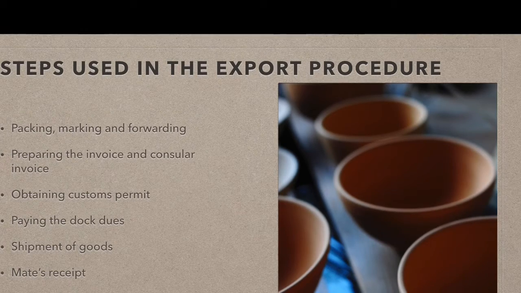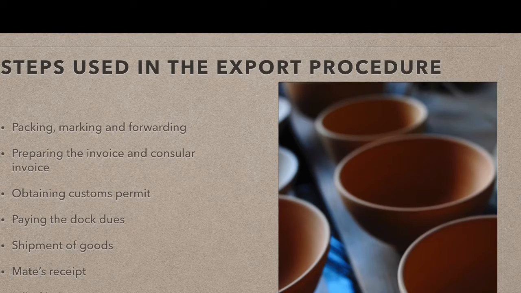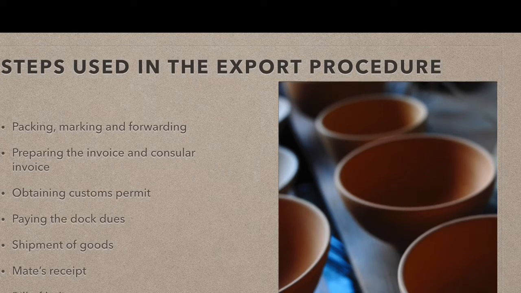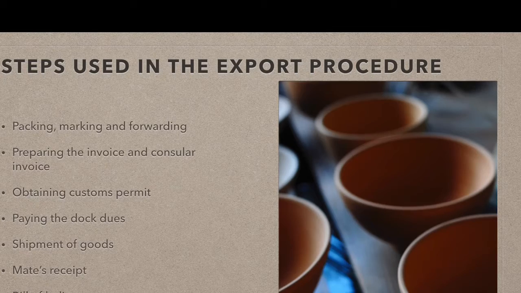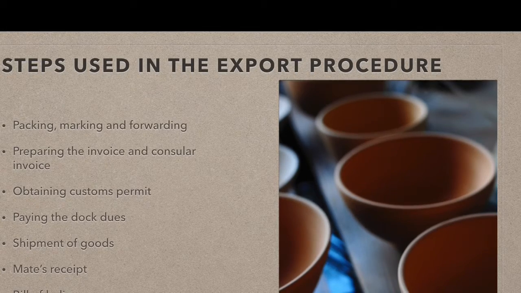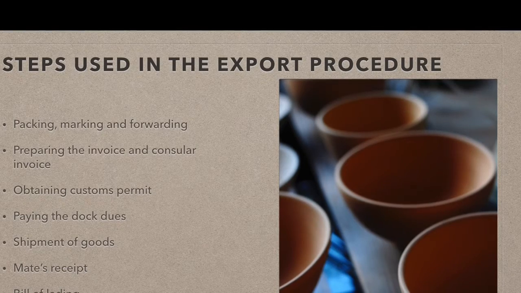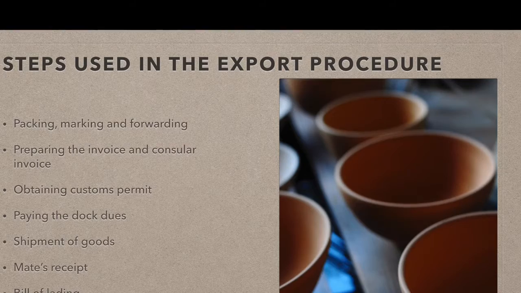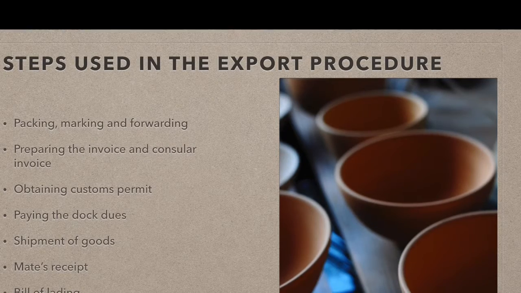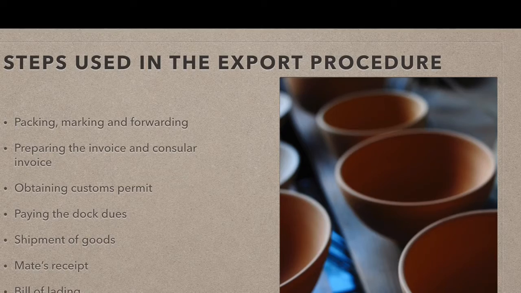Now, an exporter may not always be able to do all the formalities on his own. For this purpose, generally a new exporter will engage a forwarding agent who will perform all these various formalities on behalf of the exporter in consideration for some commission.